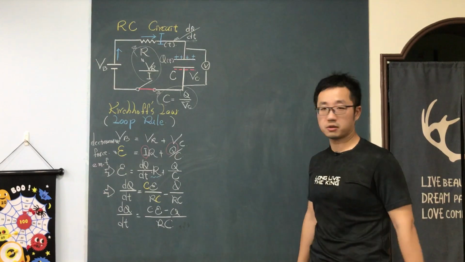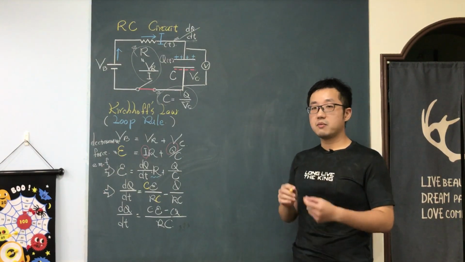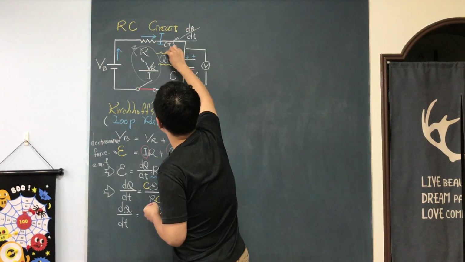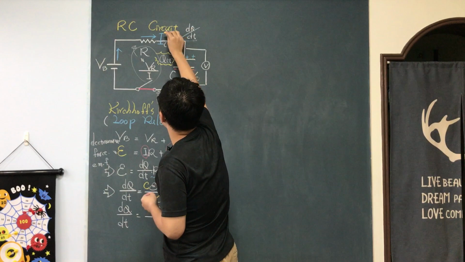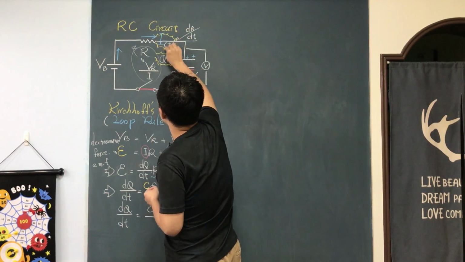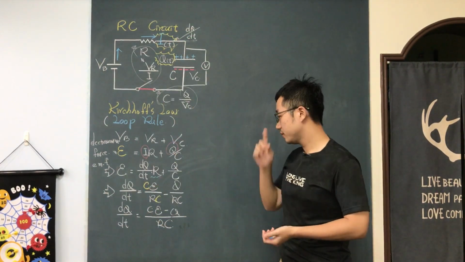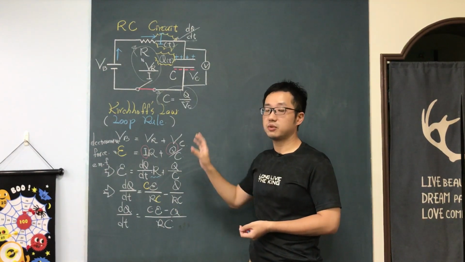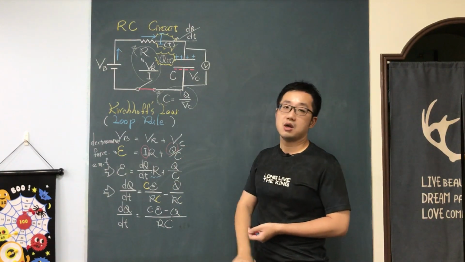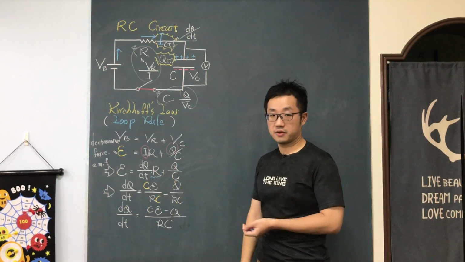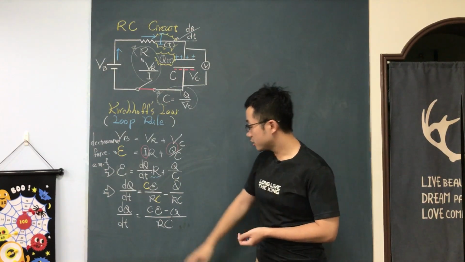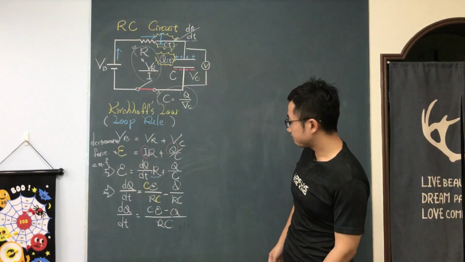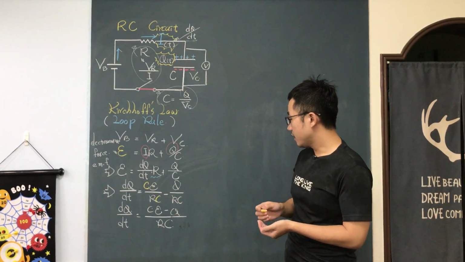We're so close. Please let me remind you, our main goal is to find out the q as a function of time. I also want to find out the current as a function of time. So I want to put this charge, which is a function of time, on one side and put everything else on the other side. I'll separate the t term and the q term to both sides. So what am I going to do?